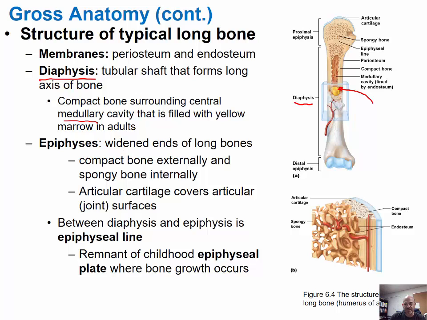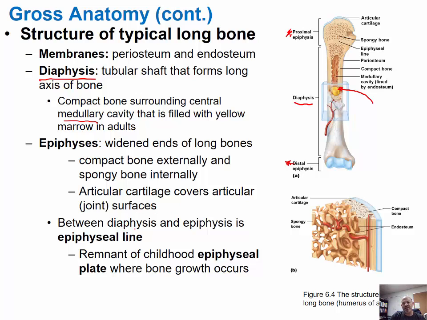So we can see we have the proximal epiphysis on the right there, and then on the lower end of the diagram we have the distal, or further away, epiphysis, and the ends are going to be covered with articular cartilage, which would be hyaline cartilage.